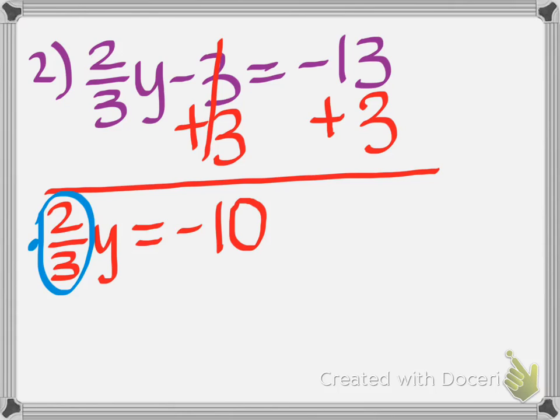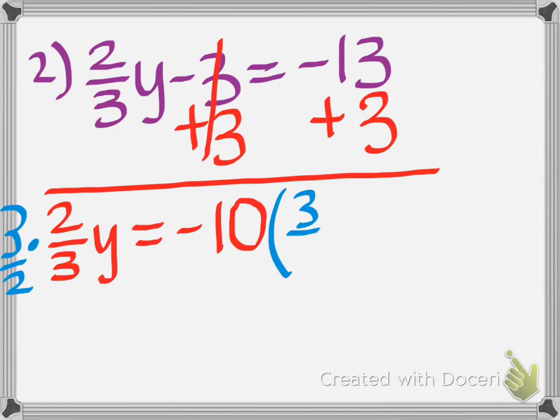So instead of 2 over 3, I'm going to have 3 over 2. So I multiply by 3 divided by 2 here, and also 3 divided by 2 over there. Remember, whatever I do to one side, I also have to do to the other side, okay?